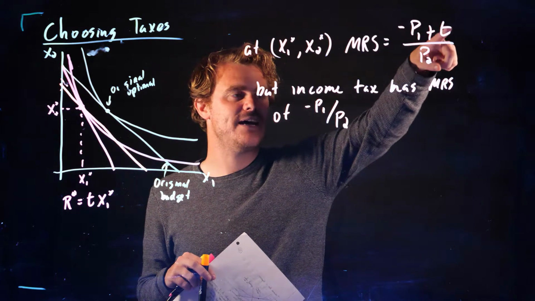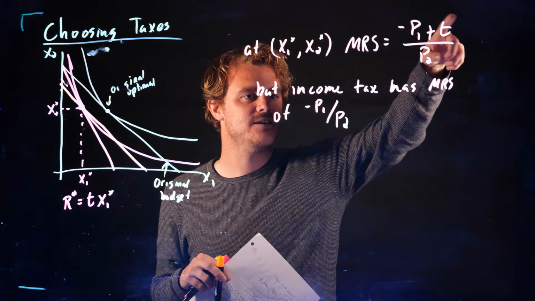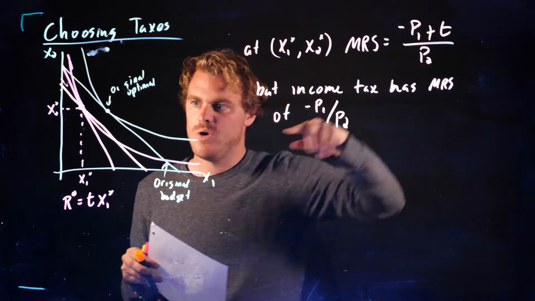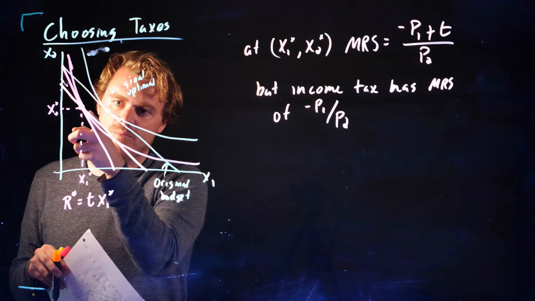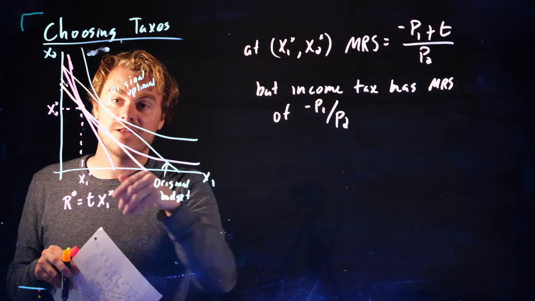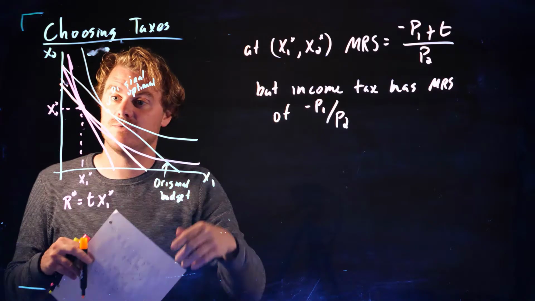We have a tax here, we don't here, so the difference is this T. And so this number is different than this number, which means there needs to be another point somewhere nearby X1, X2 star that's on a higher indifference curve that this person can still afford.